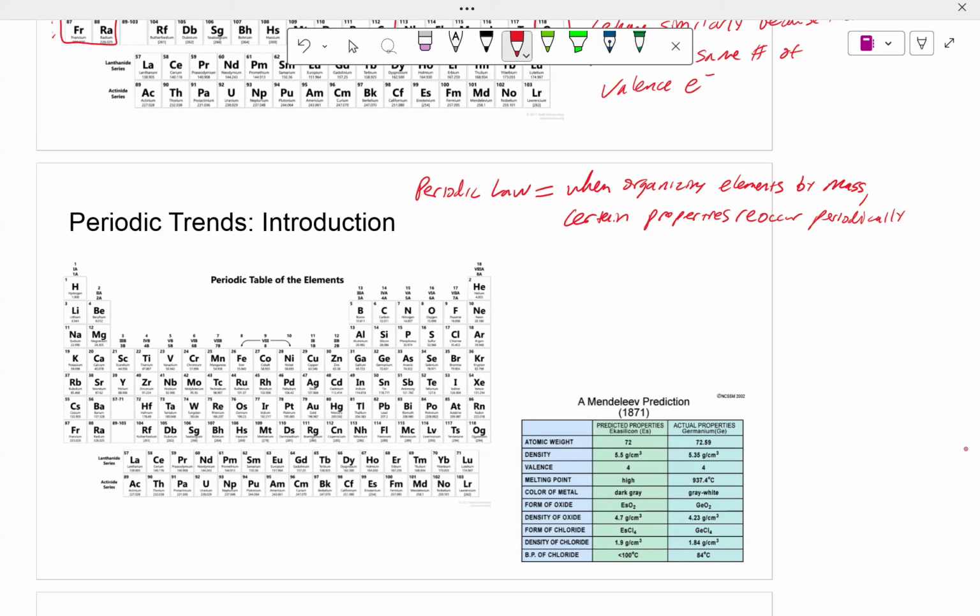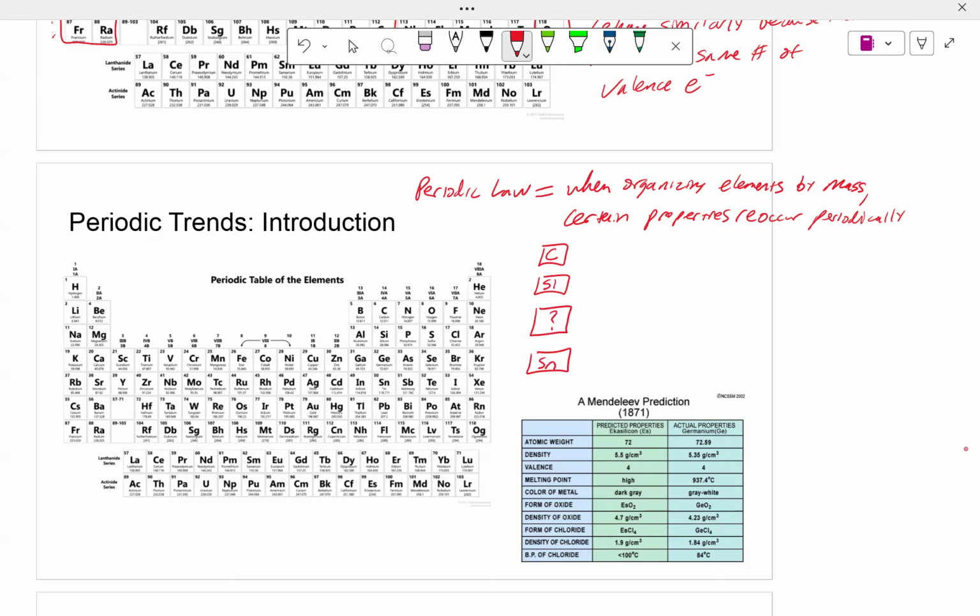And what would happen is that you would notice some holes in his columns or in his rows. For example, he knew carbon existed and silicon existed, but then there was this hole between that and tin.